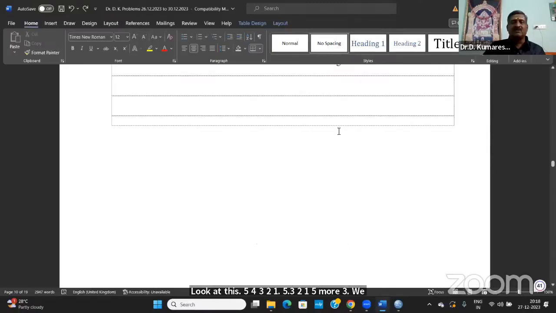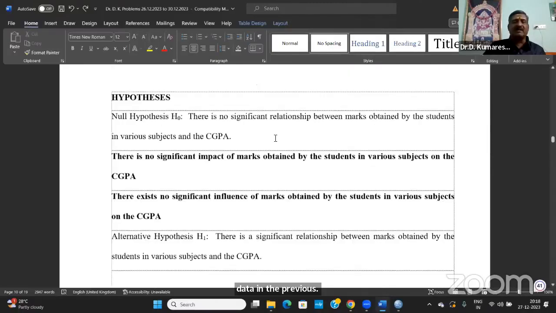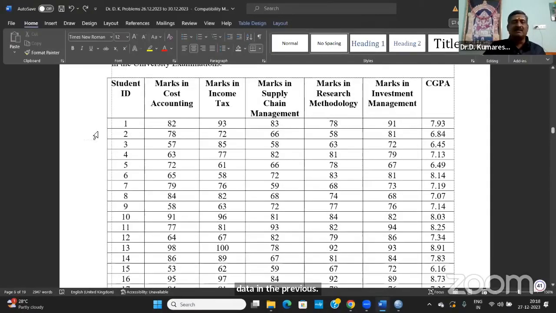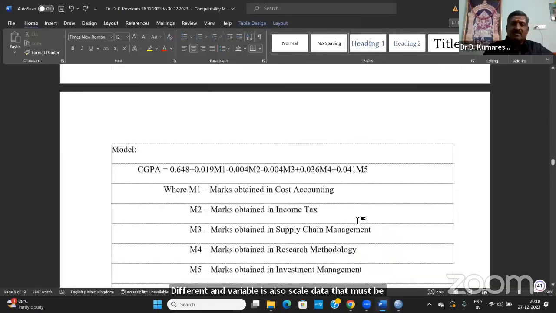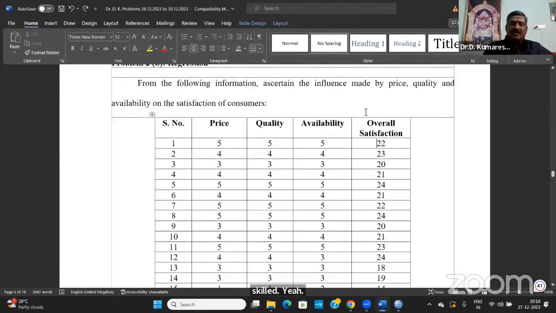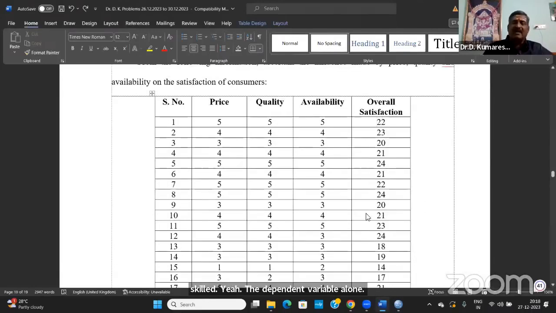In the previous one, we had scale data. All the independent variables were scale data, including the dependent variable. That must be scale data. Here, the dependent variable alone is scale data. These are given as ordinal data.